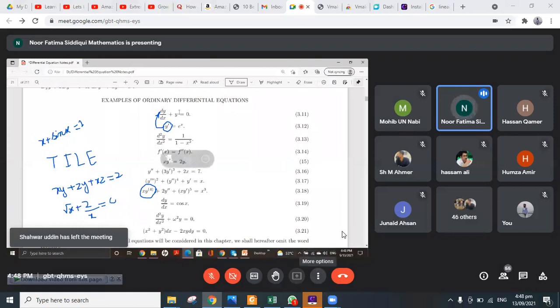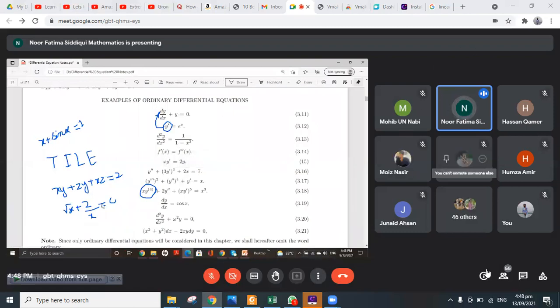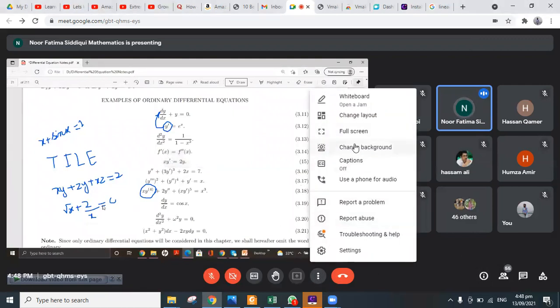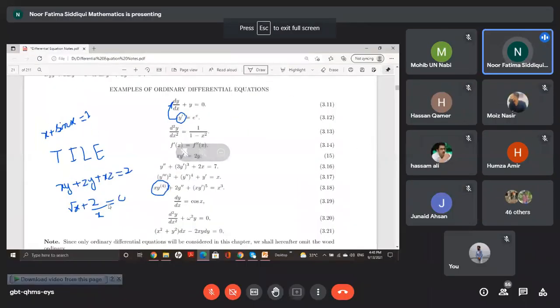If you look at all these examples I have written here, these are examples of an equation, not a differential equation. These are simply equations of one variable, two variables, three variables, and so on. If we look at 3.11, it is a first order ODE of degree 1.